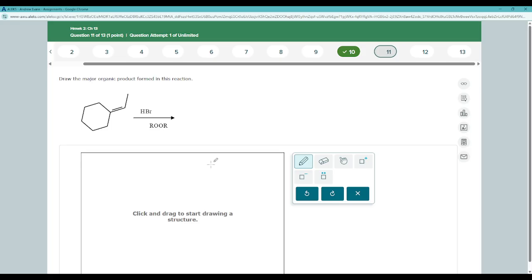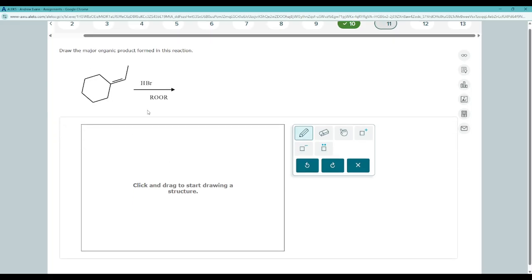Okay, HBr. So we're doing a radical mechanism. HBr, if we did a non-radical mechanism, would be Markovnikov, which, remember, Markovnikov means the guy with the most hydrogens gains the hydrogen.